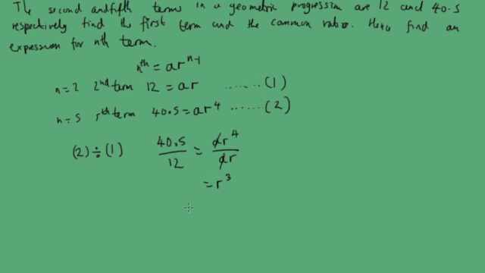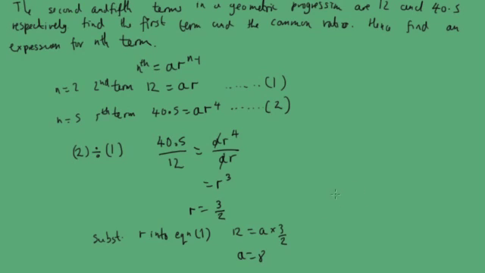And resolving that, you'll end up with R is equal to 3 over 2. So now we substitute R into equation 1. So we have 12 is equal to A times 3 over 2. So that's going to give us A as 8.